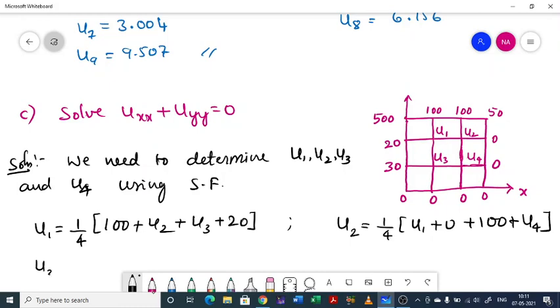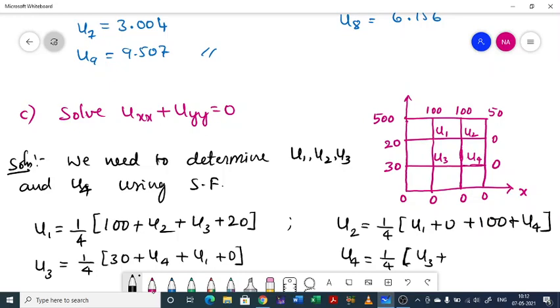u3 will be 1 by 4 times of 30 plus u4 plus u1 plus 0. u4, that will be 1 by 4 times of 0, u3 plus 0 plus u2 plus 0.